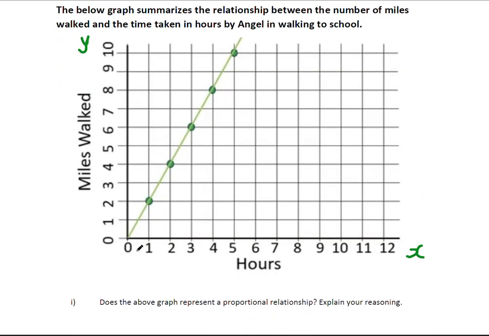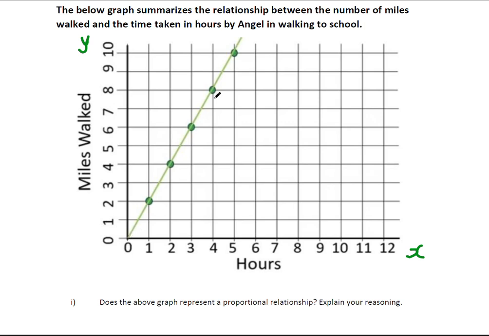So we have this graph that shows a positive relationship between hours spent walking by Angel and the number of miles covered by walking. We know that this is a positive relationship because the graph, this green line that shows the relationship between x and y, slopes upwards from left to right.